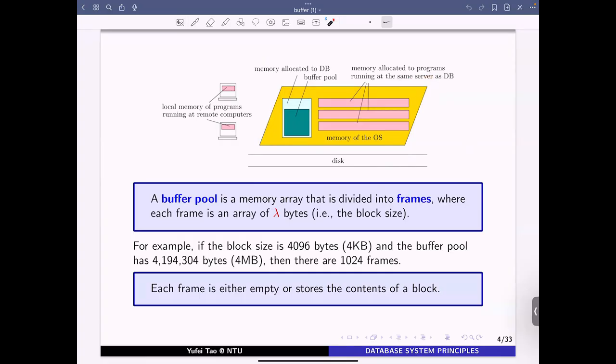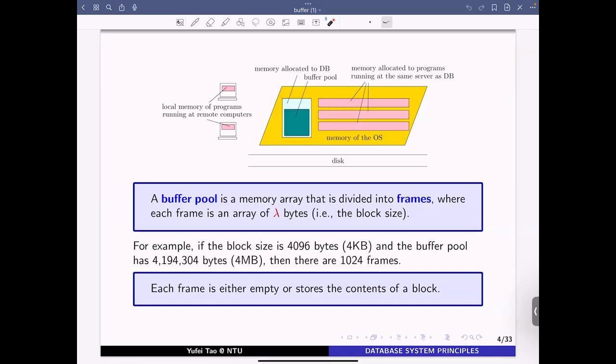You have to remember the database system is just one piece of software running under the operating system installed on this machine. Every program running in the operating system gets allocated some memory. So this is the memory allocated to the database, maybe let's say 10 gigabytes, something like that. This light blue part.